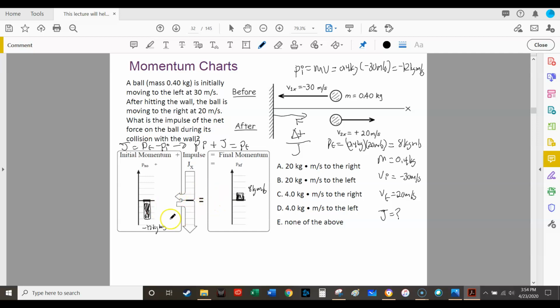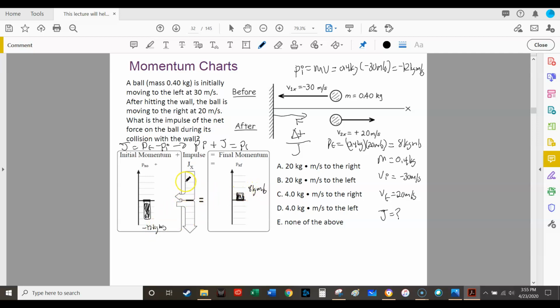So you have negative 3 blocks here, or negative 12 rather, I should say. These 3 blocks represent negative 12. This one block represents positive 8. Well, how do you get negative 12 kilogram meters per second to be equal to positive 8?